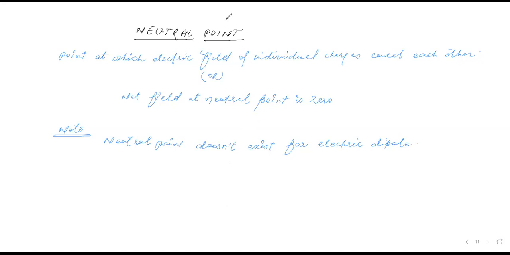Suppose that you have two charged particles of the same magnitude, like this. This is a charge plus Q, and this is another charge plus Q. This is the central point O. In this case, the direction of the electric field for the positive charges placed at A and B is always away.